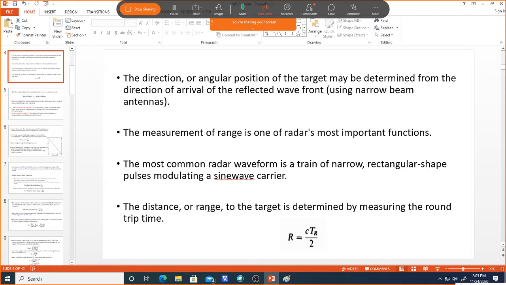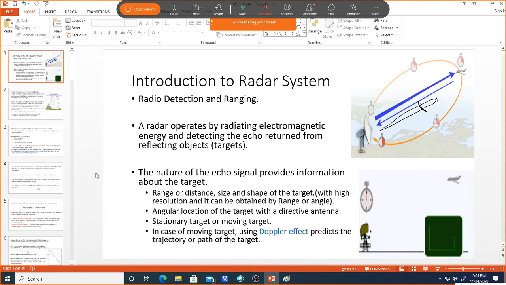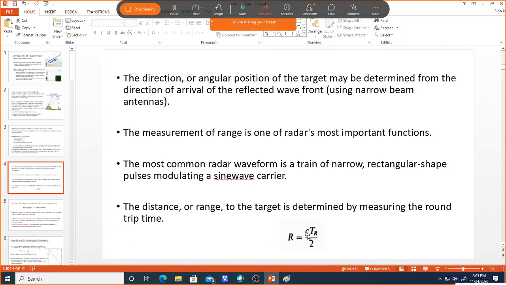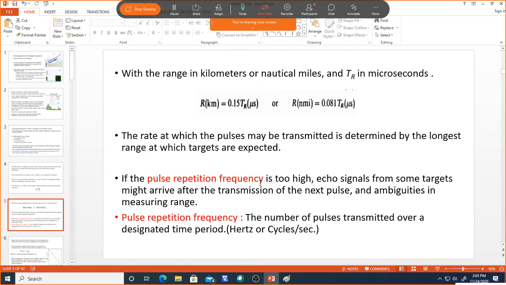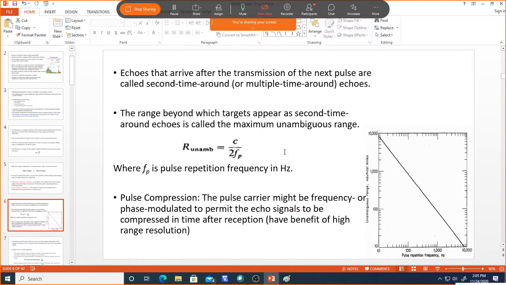This is the range with respect to the round trip time, and this is the unambiguous range, C by 2 FP. So take this and try to find the pulse repetition frequency.